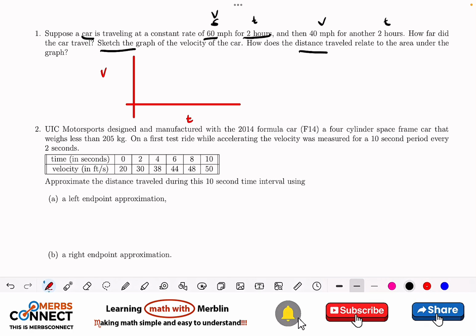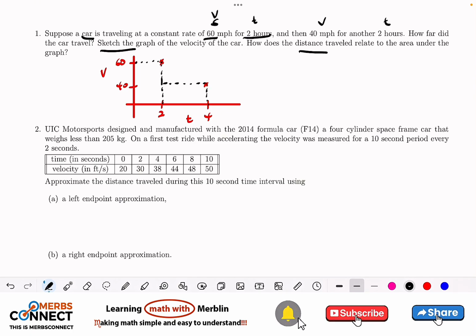Then the first 2 hours is going with 60, and then the second 2 hours, so when I add it becomes 4 hours, is going 40. So it means that my graph at 2 hours and 40 is going to be something like this, and then also something like this.